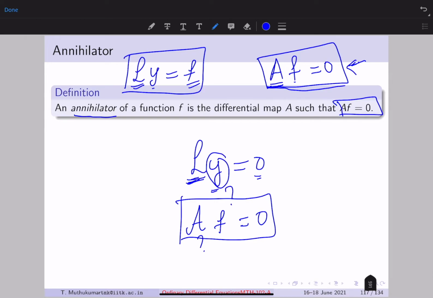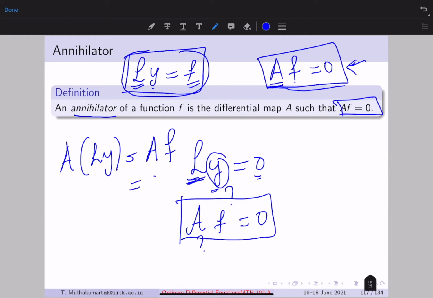Then what we do in this differential equation is that you operate A on both sides. Then what you get is A of Ly is A of f. But A was chosen such that Af is 0. So this right hand side becomes 0. So what you have is a new differential equation, which is A composition L of y equal to 0.